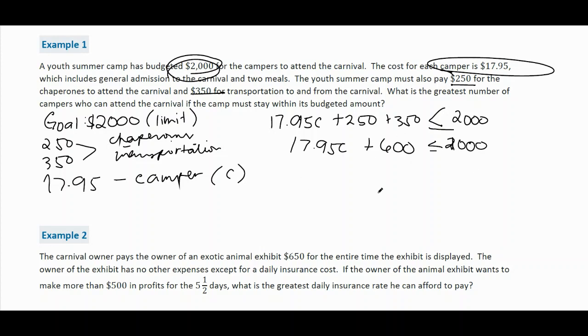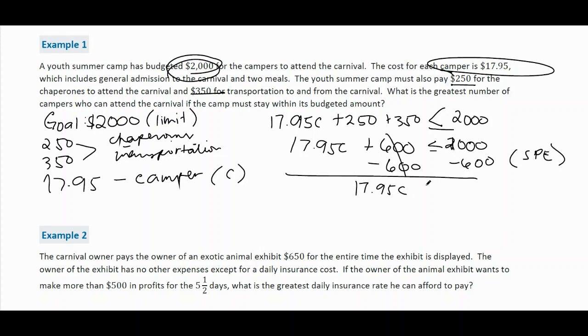Now we can remove the 600 by subtracting both sides of the inequality by 600, and that is what we call SPE. We cancel that, so 17.95C is less than or equal to 1,400. Now dividing both sides by 17.95, of course, that is the DPE.